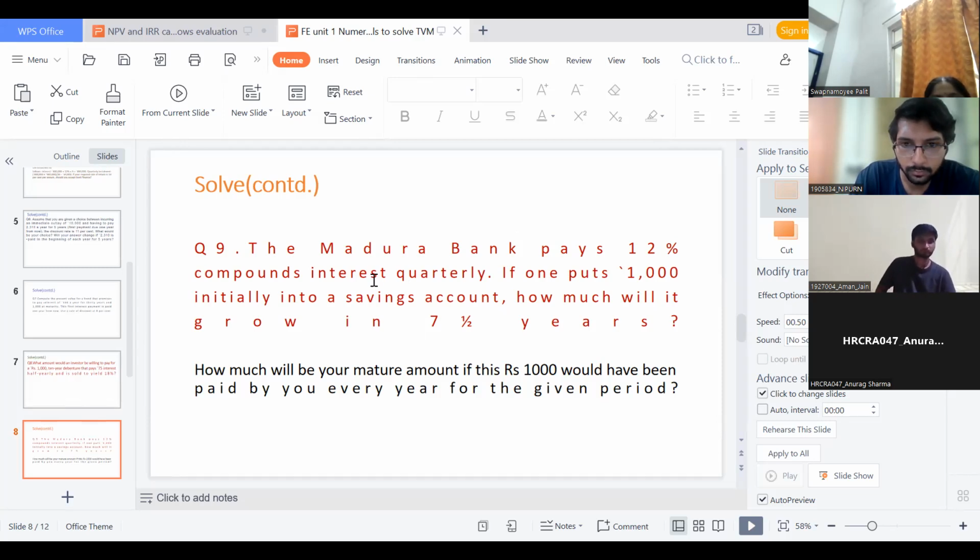Because you can understand it is asking you the compounded value. So compounded value means the future value. So your 1,000 is what? Which variable is this? It is P, present value. Very good. It is P. You are just converting it into F. And it is a multi-period compounding. So it will be 1 plus I is 0.12 by 4 to the power, in the power you take 4 into 7.5. Because the इसमें number, तो future value of present sum लगेगा। You are converting this 1,000 into future sum.